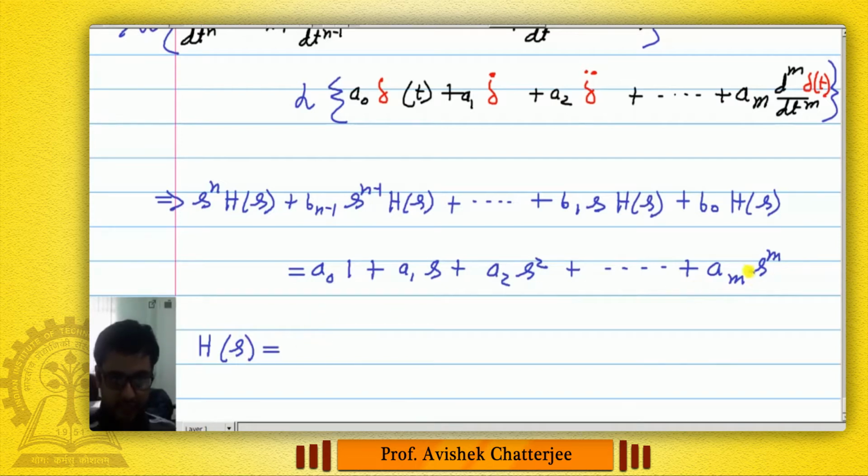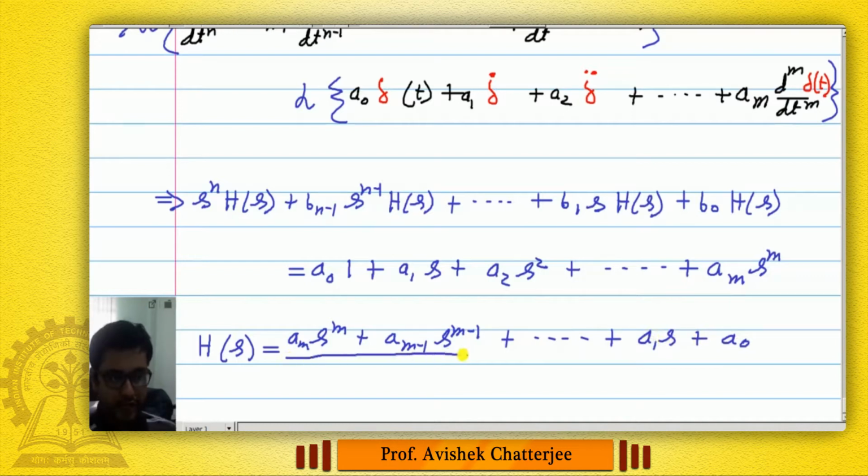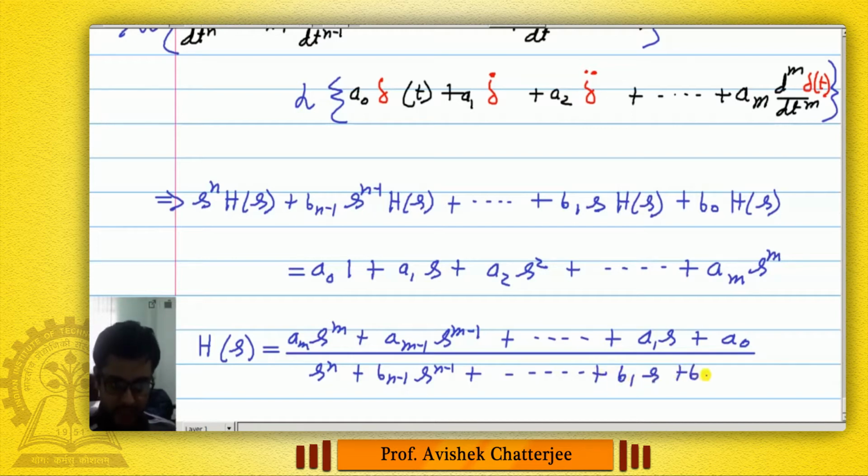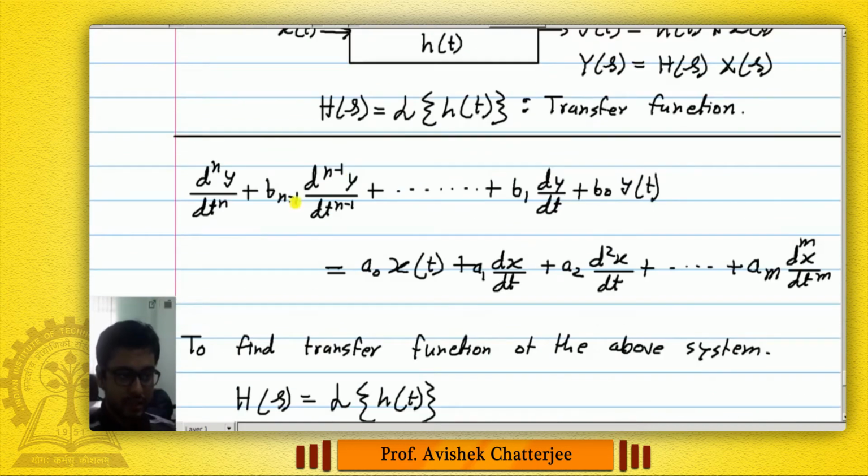Let me write from the right side, s to the power m a_m plus a_{m-1} s to the power m-1 plus dot dot dot plus a_1 s plus a_0, whole divided by s to the power n plus b_{n-1} s to the power n-1 plus dot dot dot b_1 s plus b_0, and this is the transfer function of this system.